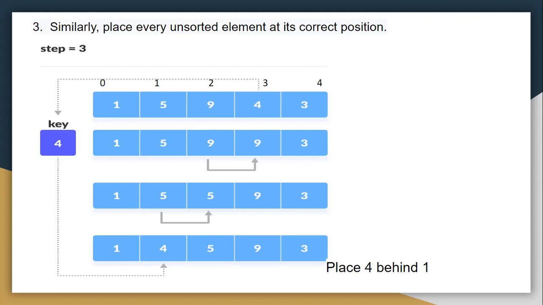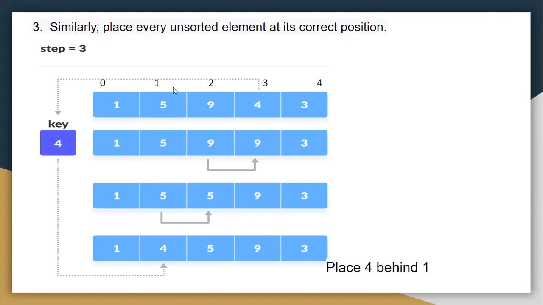Step 3. Index 0 and 1 subarray are sorted. Now assume the index 2 element, 9, is minimum and the next element is key. So compare index 2 and index 3. Now 9 is greater than the key value, so swap the position of 9. Now 9's position is index 3.